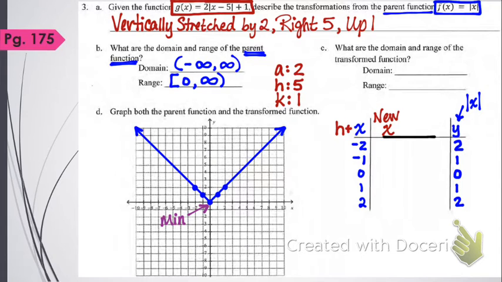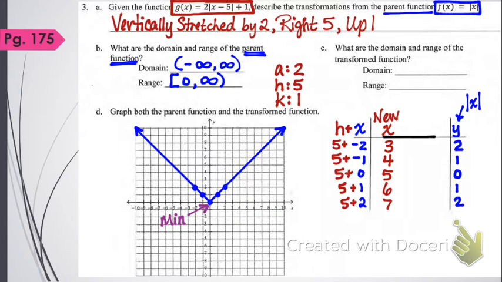If I was standing at -2 on the number line, and I took 5 hops to the right, we would end up at positive 3. If I was standing at -1 and I took 5 hops to the right, 4. And then it's going to be 5, 6, and 7.